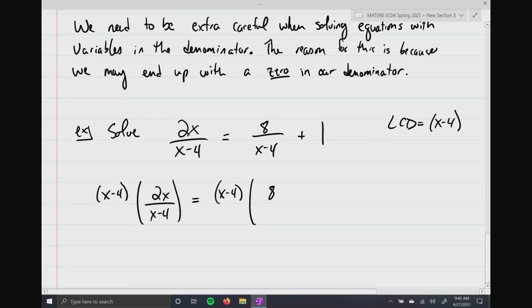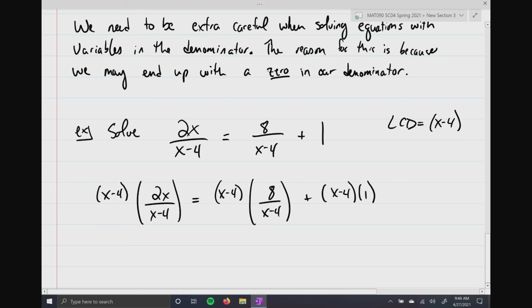Actually, I'm just going to multiply every single term by x minus 4. It's the same thing as saying multiply both sides. It's just, instead of using the distributive property, I'm just going to automatically do it.